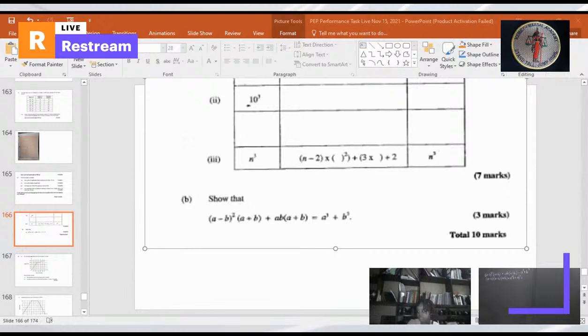We know that a minus b times a plus b is the difference of squares, right? A squared minus b squared. So this part is a squared minus b squared.